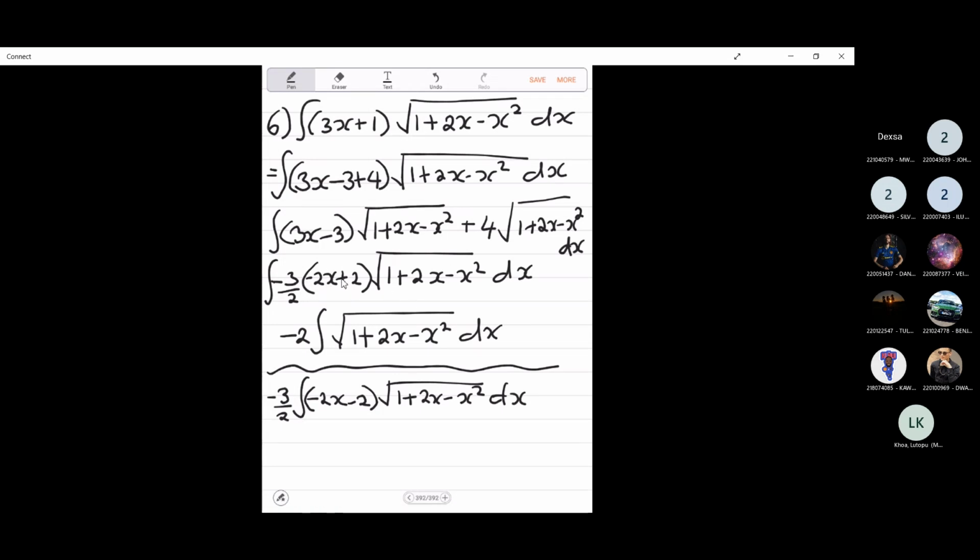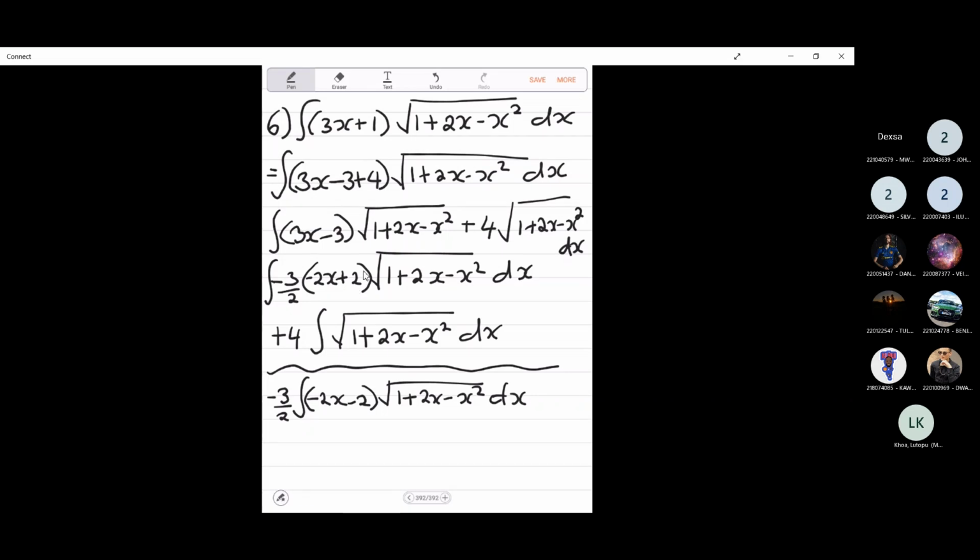It's negative 2x plus 2. Yes, okay, so just be careful. It was just an error, but nothing has changed in the way that we do it. This term here must be the derivative of that one. So the derivative of this one is negative 2x plus 2, which is what I have here.